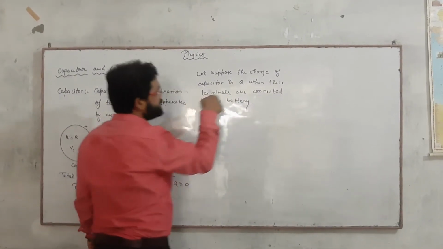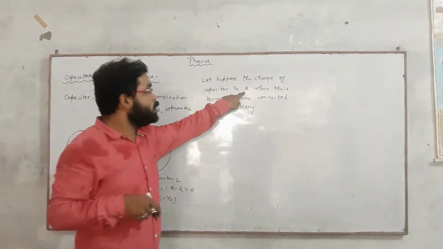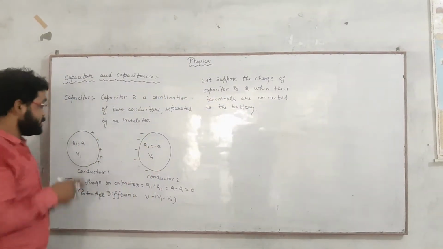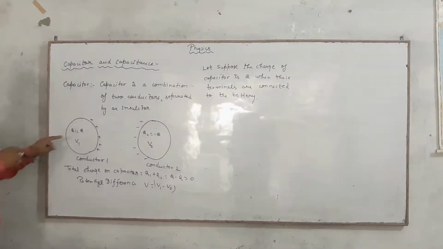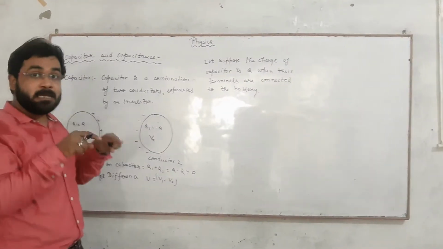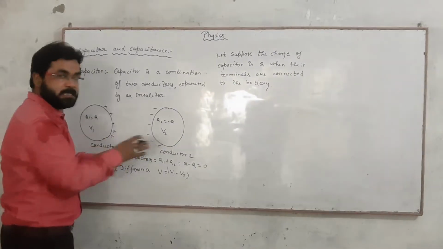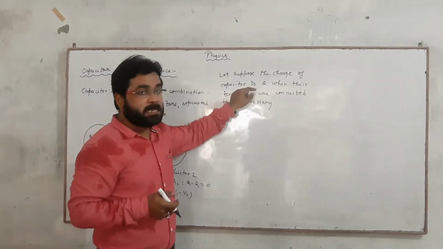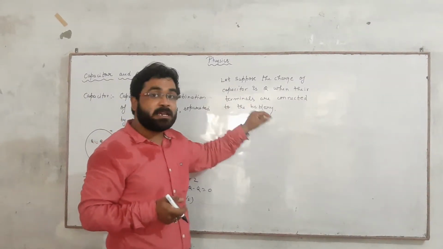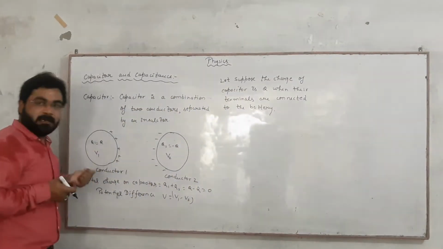Basically, the charge of the capacitor that we are considering is q, the charge of one conductor, because the total charge on the capacitor is 0. The charge of one conductor is q and the charge of the second conductor is minus q. So the charge that we call the charge of the capacitor is basically the charge of one conductor.